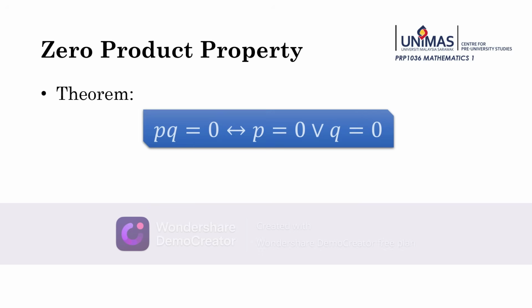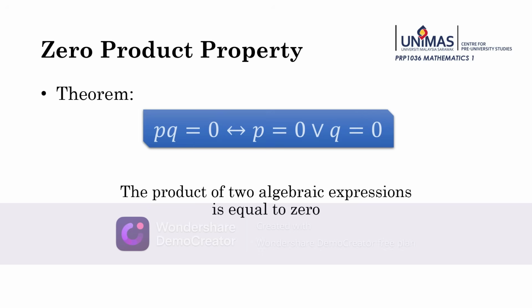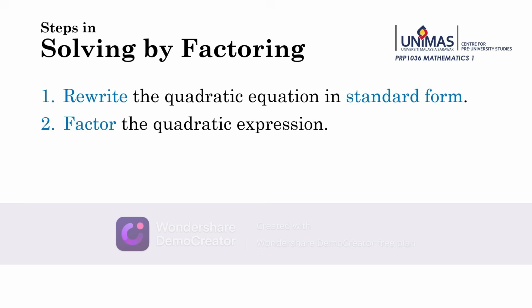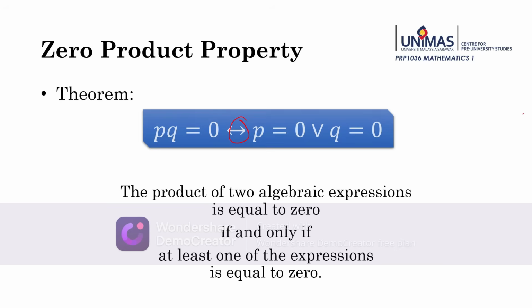So how do we read this mathematical sentence? The product of two algebraic expressions, P multiplied by Q, is equal to 0 if and only if P equal to 0 or Q equal to 0.